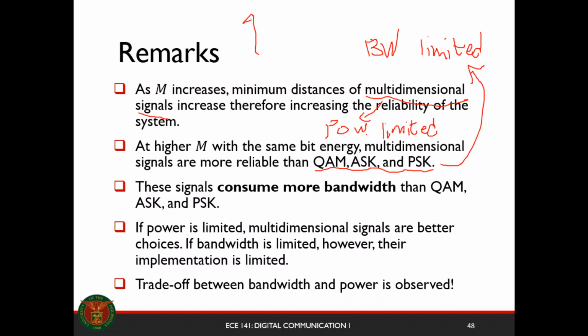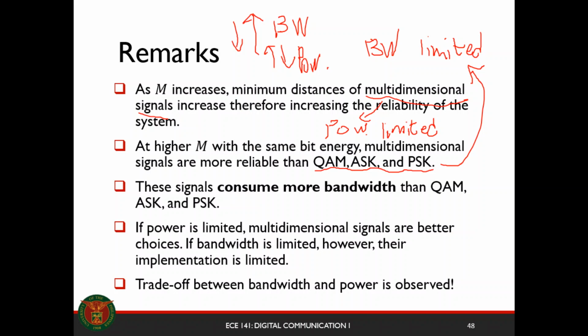If you have greater bandwidth, you can just reduce the power, so you can have the same reliability. But if you decrease the bandwidth, you need to increase your power such that your system is more reliable. That's the key takeaway between these two signal schemes.